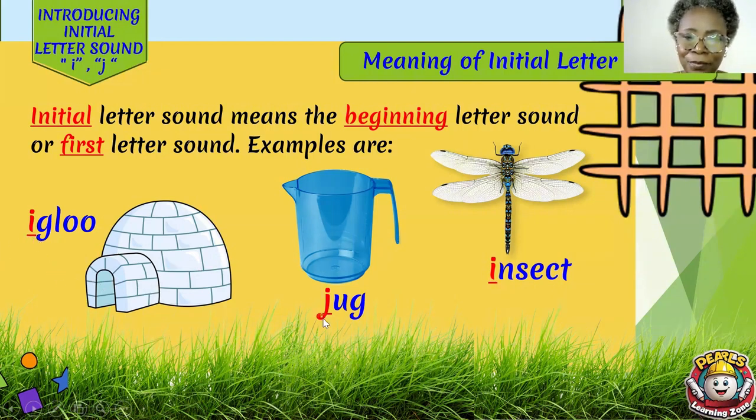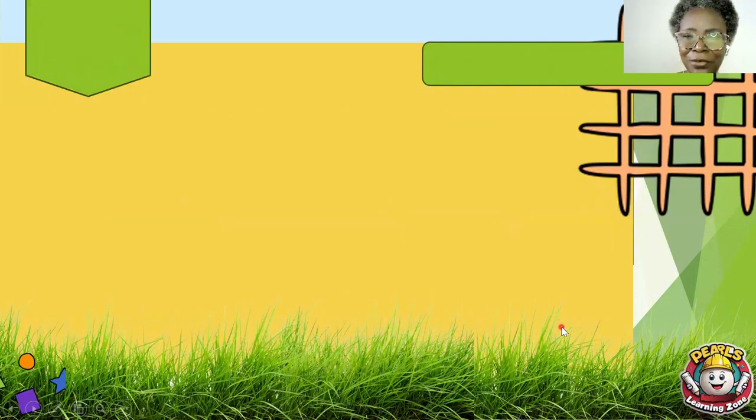So we have E for igloo. Great job. What about this sound? J for jug. Good attempt there. And this E for insect. Well done. Good job there. Well done, every one of you.